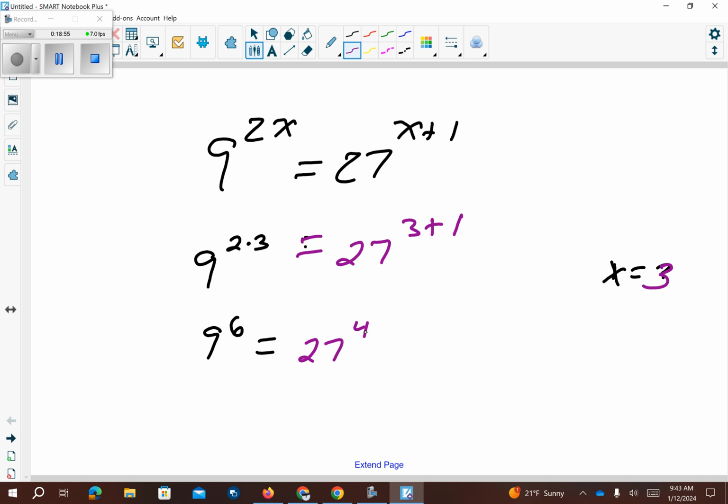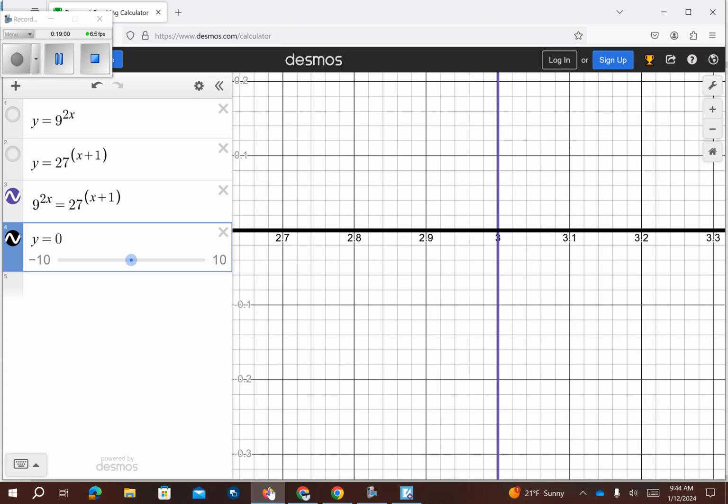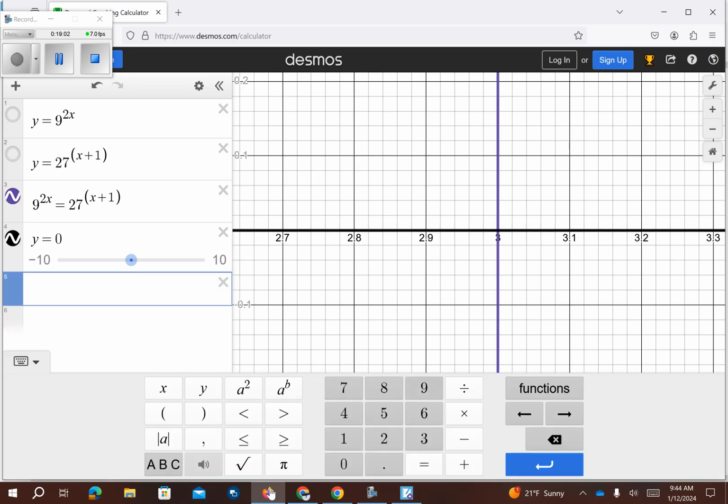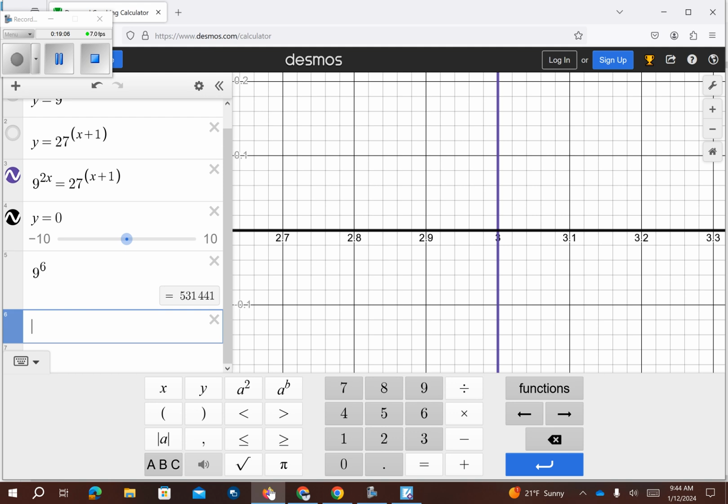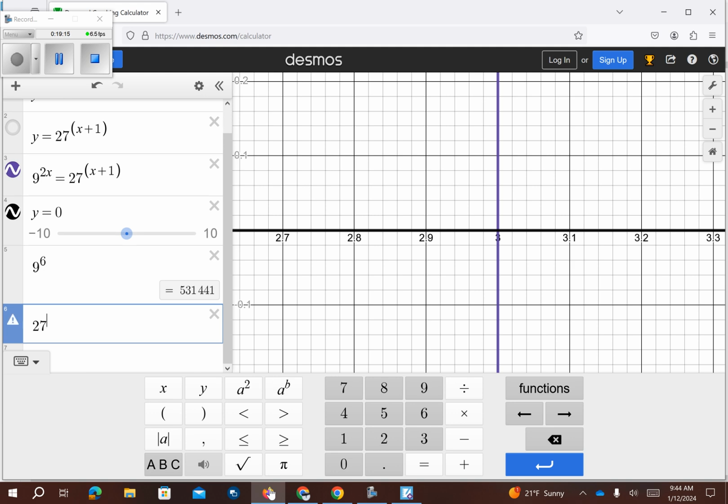So I want to know, is 9 to the 6th power, 9 raised to the 6th, which is 531,441, equal to 27 raised to the, what was my 27 raised to the what? 4th?